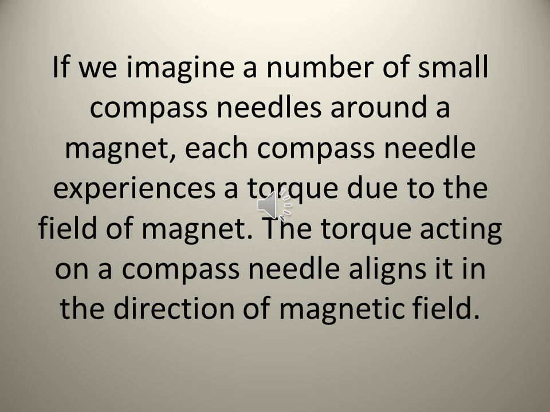So a magnetic compass is the instrument used to find the direction of magnetic field. There is a small magnetic needle inside it and it gets deflected when placed in the magnetic field. It experiences the torque due to the field of the magnet and aligns itself in the direction of the magnetic field.